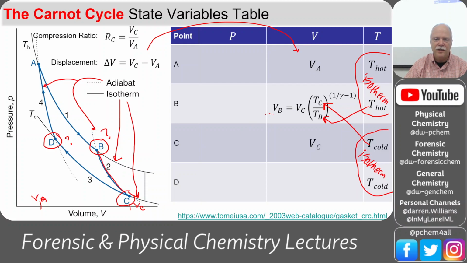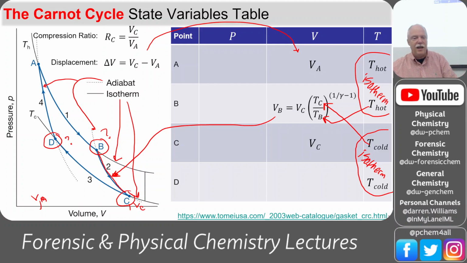So this equation is the equation for that line right there. It's the adiabatic relationship. So we're using C to give us B because C and B are on the adiabat. Does that make sense? That has to make sense to you. Because otherwise, you've got this equation. Do you put VA in here or do you put VC in here?